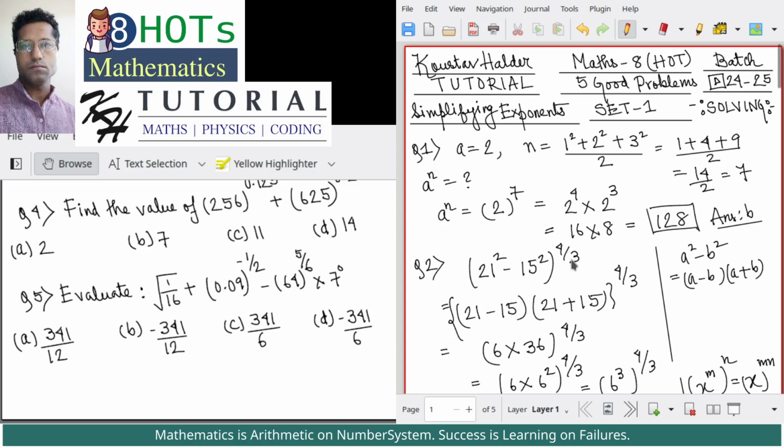They will be under different titles, like this one is under the title simplifying exponents, and I have another title which is exponential equation. So the future titles will be comparing exponents and word problems in exponents. All these variants of problems from the chapter of exponents I will do as 5 good problems.